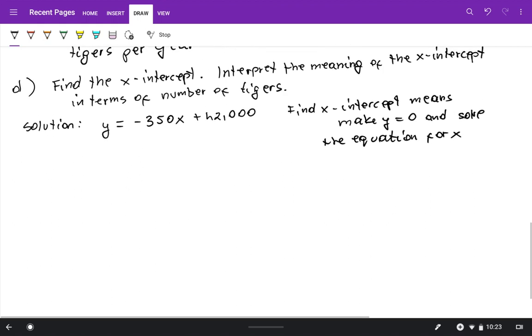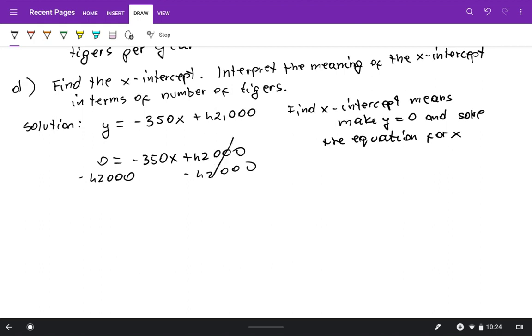Okay, so we replace y with 0. So we have 0 equals negative 350x plus 42,000. We're going to solve for x. I will subtract 42,000 from both sides.